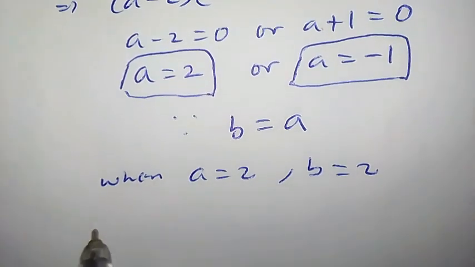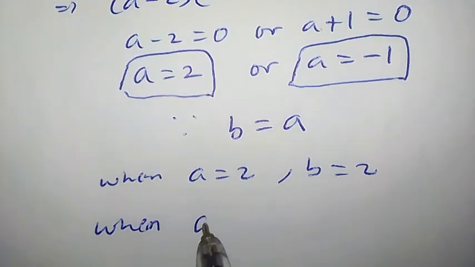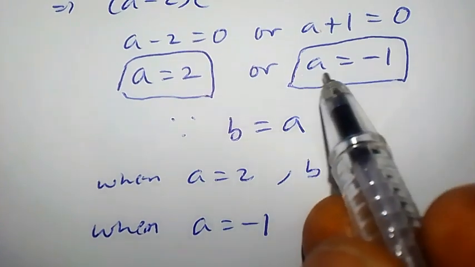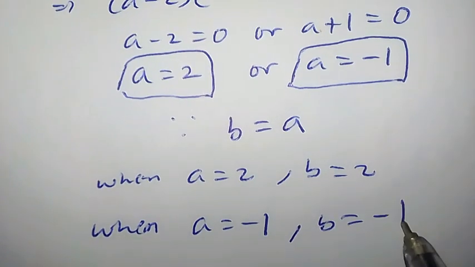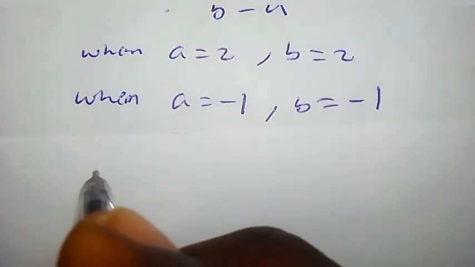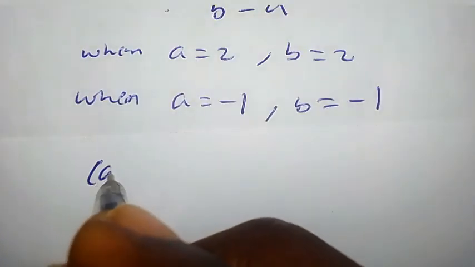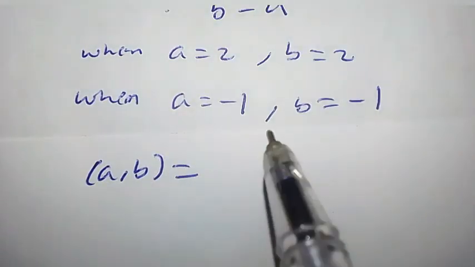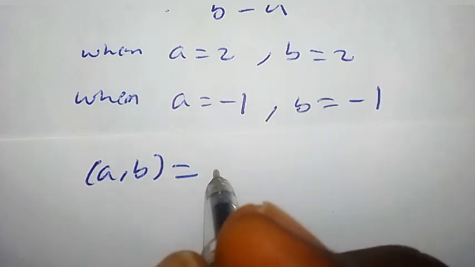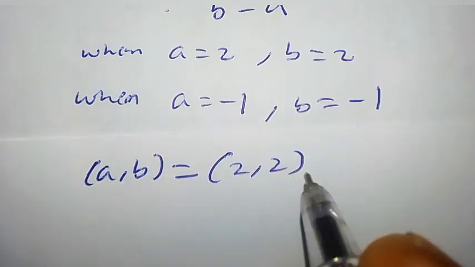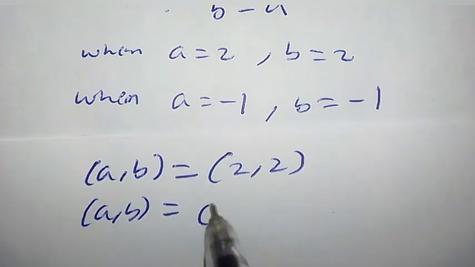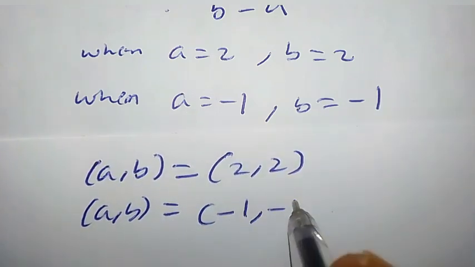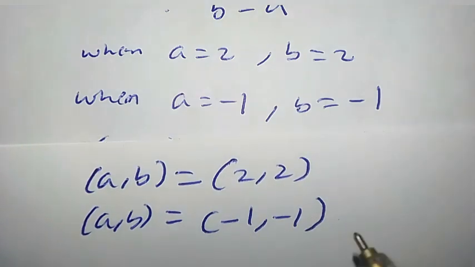Also, when a is equal to −1, the value of b is equal to −1. Thus, the first solution is (a, b) = (2, 2), and the second solution is (a, b) = (−1, −1). These are the first two solutions.